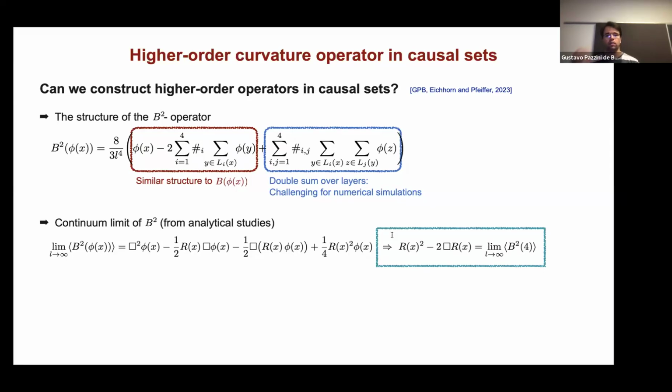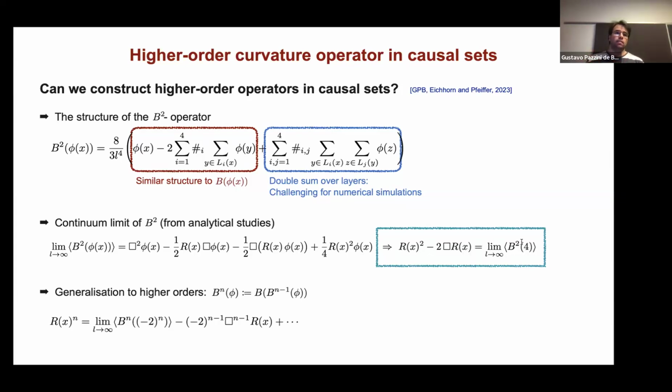And the idea is that now you can extract this particular combination. So you can extract R square minus 2 box of R, essentially by setting the scalar field to be a constant.